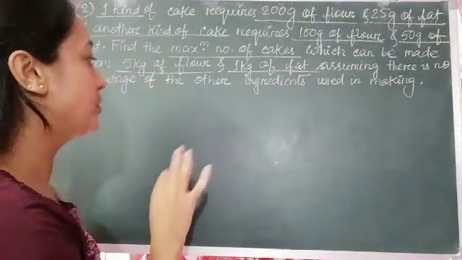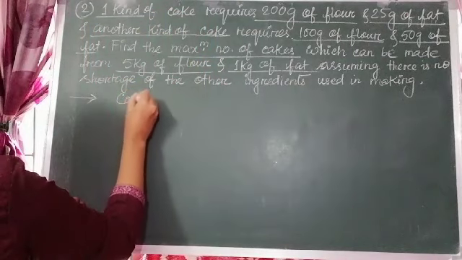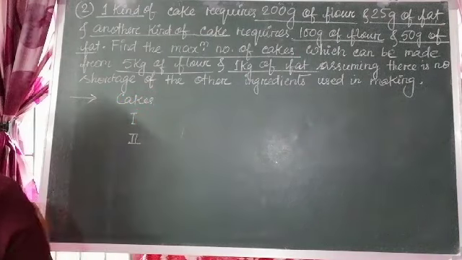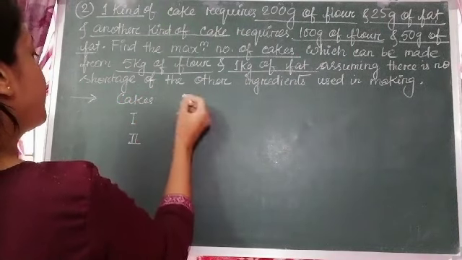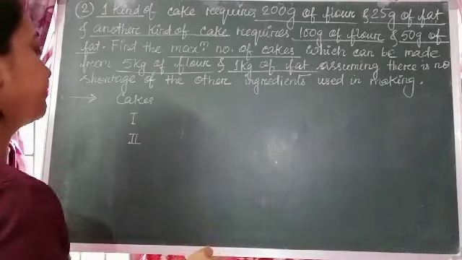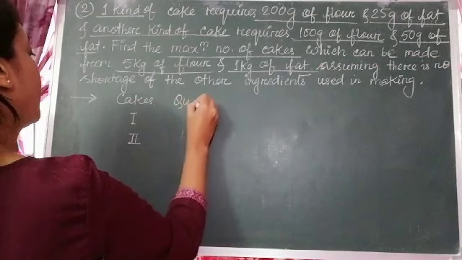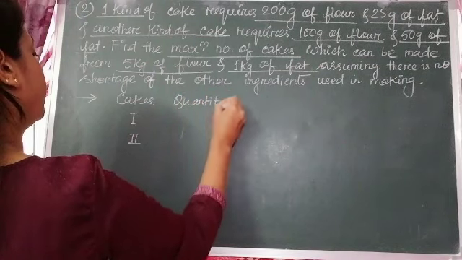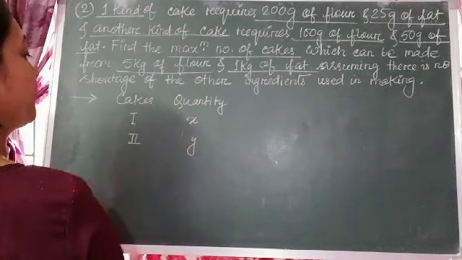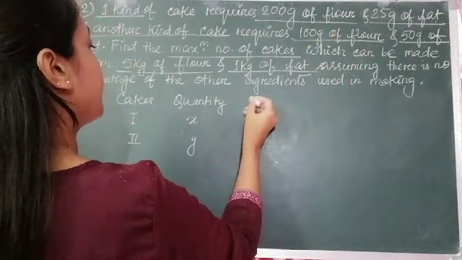So let's form the chart first. Two kinds of cake are there. So items are cake here. This is the first kind and the second kind of cake. Next is the quantity you have to know. So number of cakes or quantity will be x and y. Next, the content of flour and fat is given.